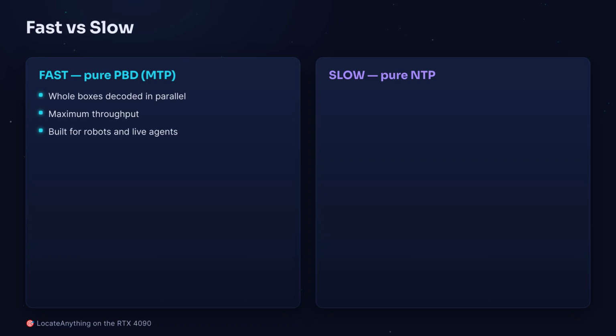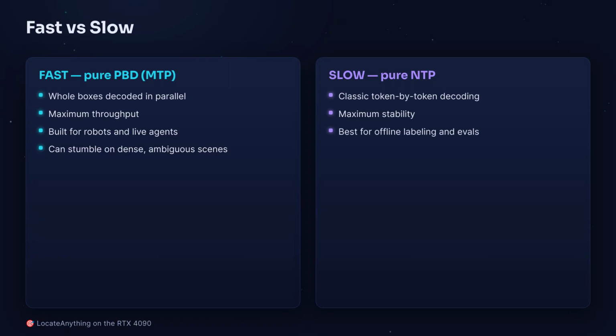The trade-off: in extremely dense or ambiguous scenes, the parallel guesses can occasionally stumble. Slow mode is the opposite philosophy, classic next token prediction, one coordinate at a time, just like a regular language model. It's the most stable option, perfect for offline labeling jobs and benchmark evaluations where you'd rather wait than retry. But you pay the full sequential latency price on every single box.